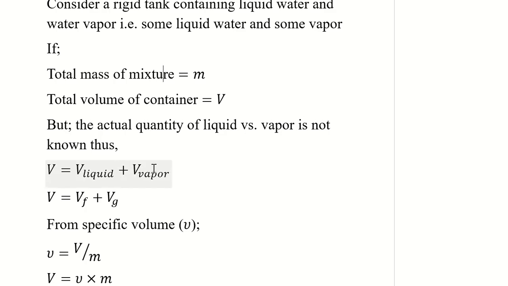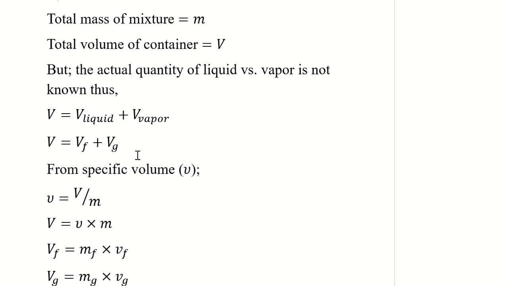You can, however, know that the total volume of whatever is inside the electric kettle is equal to the volume of the liquid phase, the water which is still liquid, plus the volume of the water that has transitioned into vapor, which is the volume of the vapor phase.